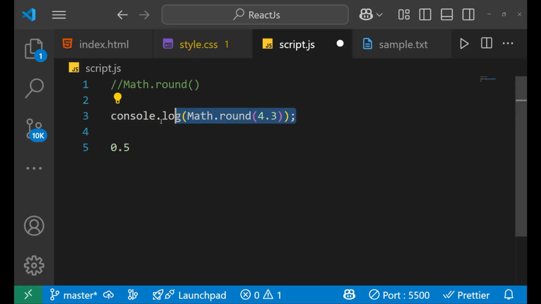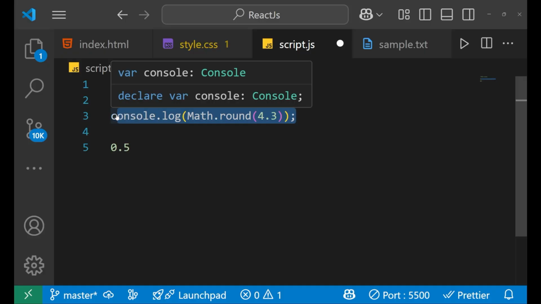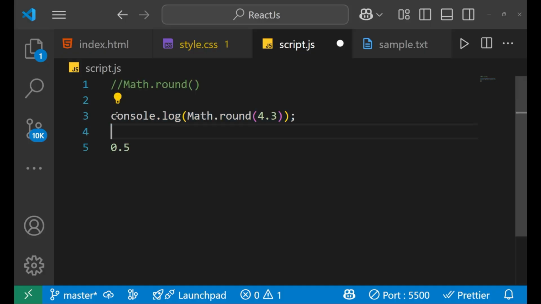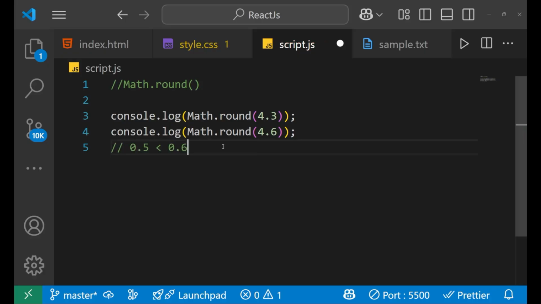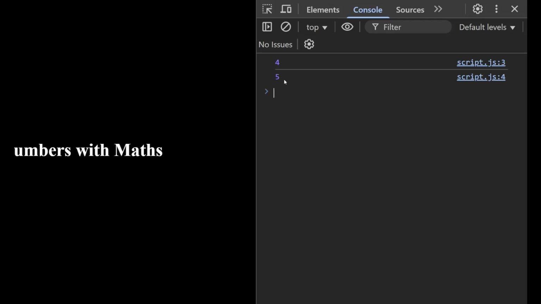Now the same thing if I do again, and this time I'm having the number as 4.6. Now it is greater than 0.5, so what am I going to get? I'm going to get 5 this time. You can see the 5.